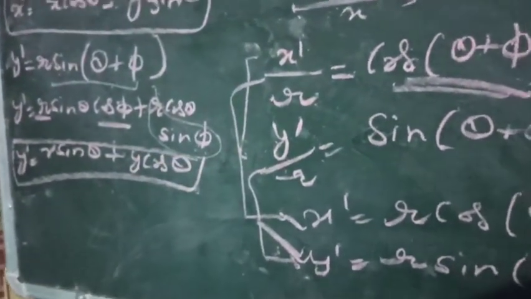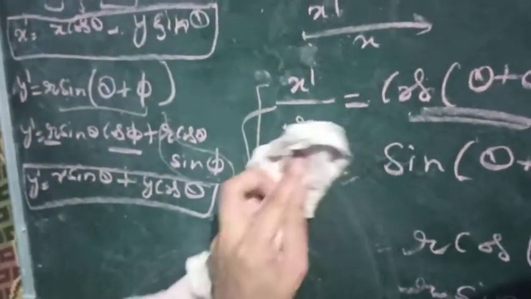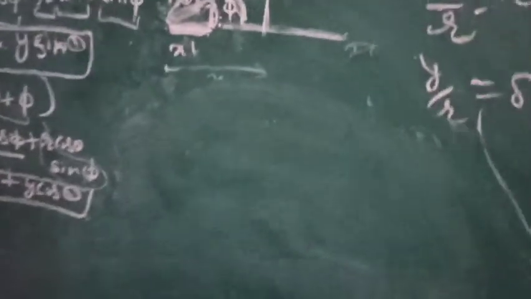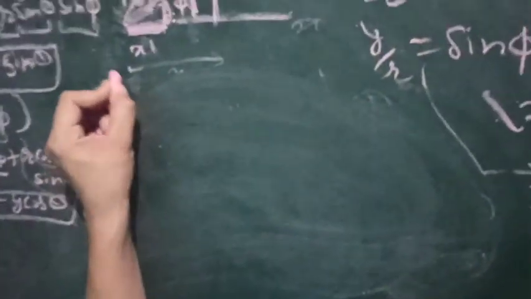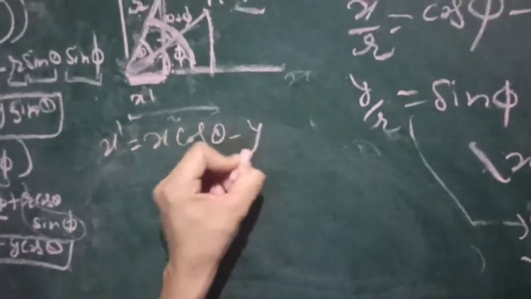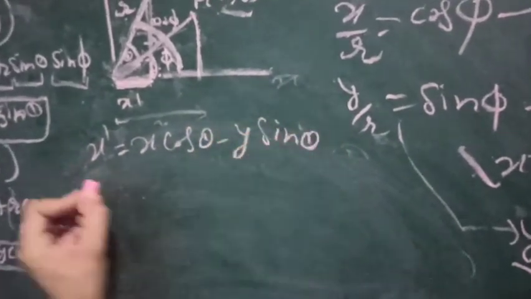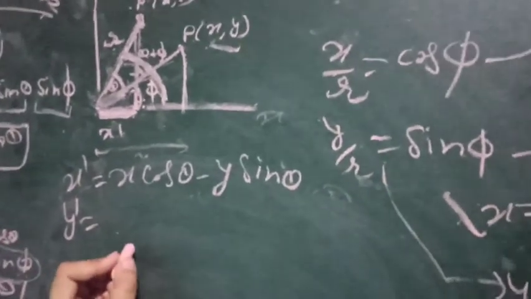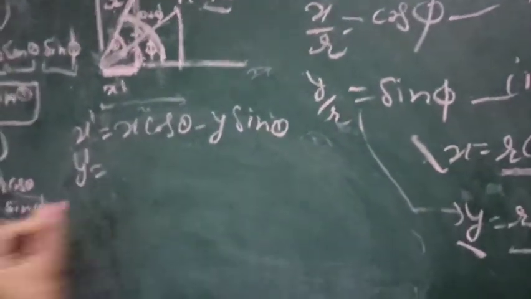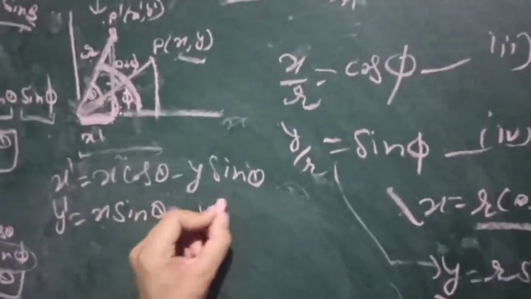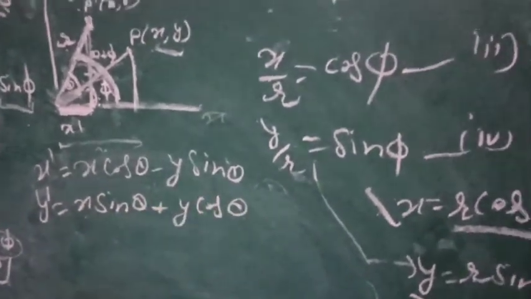Now we will represent the equations. We have x dash equal to x cos theta minus y sin theta. Y dash is equal to x sin theta plus y cos theta.